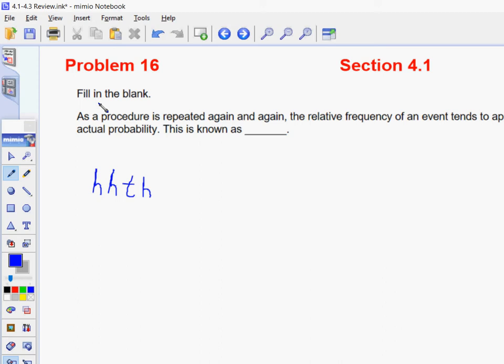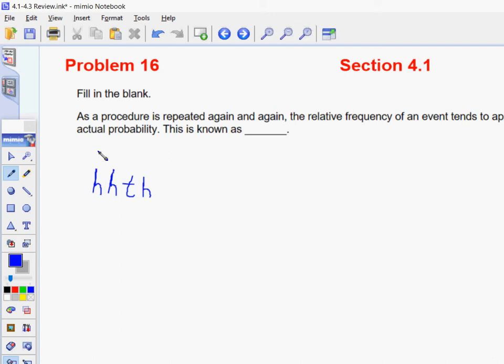Get to the point. Well, the thing is, look, there's 3 out of the 4 times this was heads. Wouldn't you expect it to be 50%? Isn't that kind of unusual? You're like, well, no, you only tossed it 4 times. That's not very unusual at all. But it's supposed to be 50%.